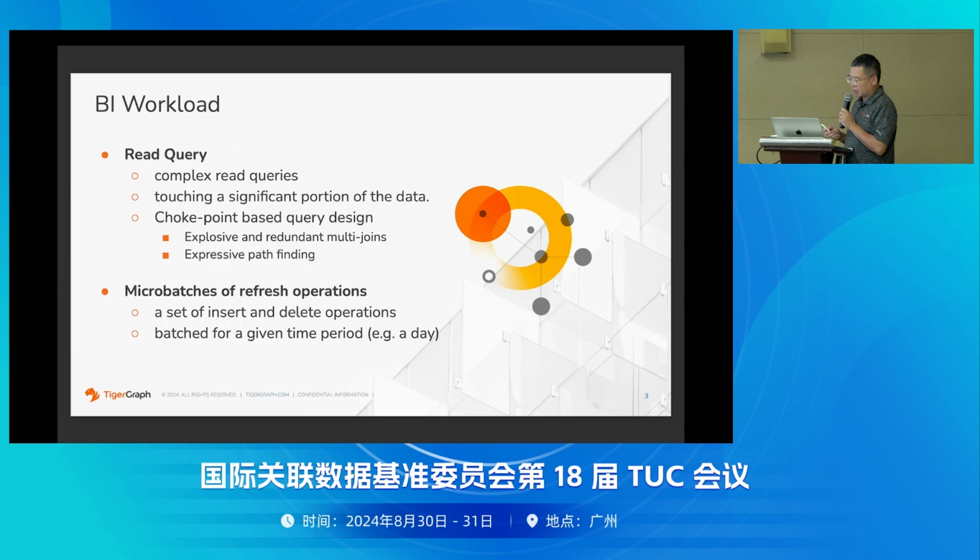It includes explosive and redundant multi-joins, and also expressive path finding. During the benchmark run, it has macro batches to simulate daily fresh data updates of the database state, consisting of a set of insert and delete operations, and the batch data represents a given time period. For example, 1 day is one batch.